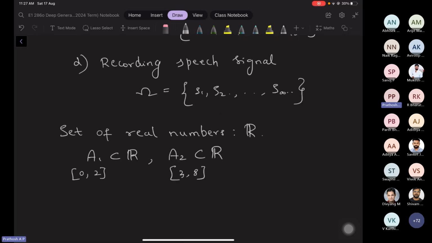See, my interest now is I want to compare these two sets. How do I compare these two sets? Let's say the intent is to compare A1 and A2, which are both subsets of R. I'll tell you what is the relevance of this with sample space in a while.